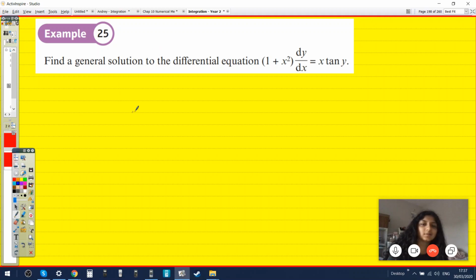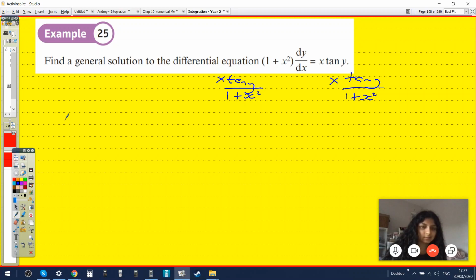So this is going to look magical, and it kind of is. I multiply both sides by tan y, and I divide both sides by 1 plus x squared.